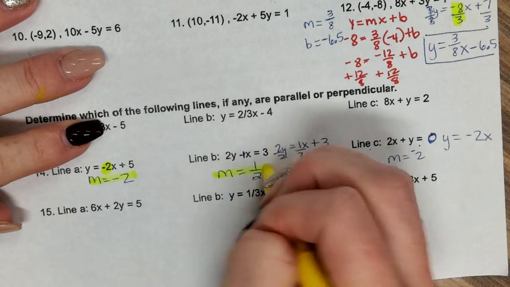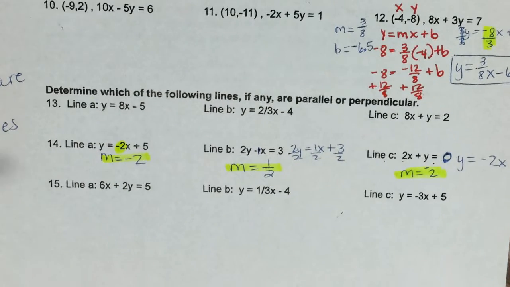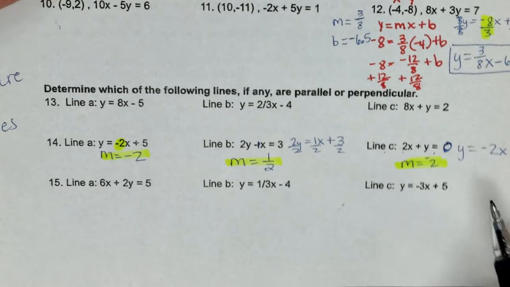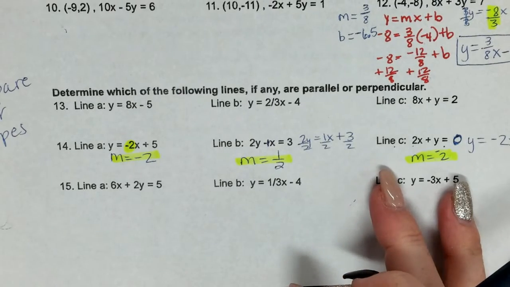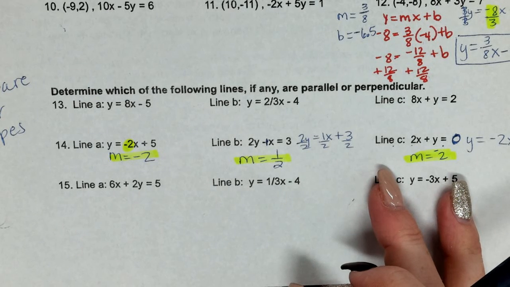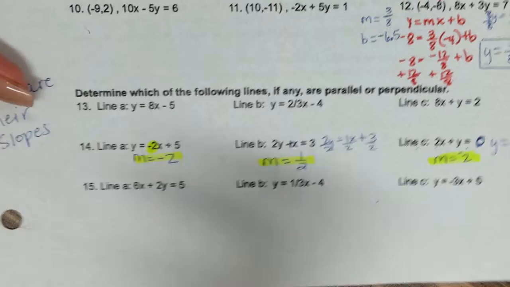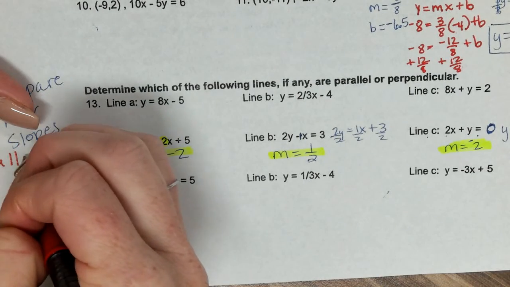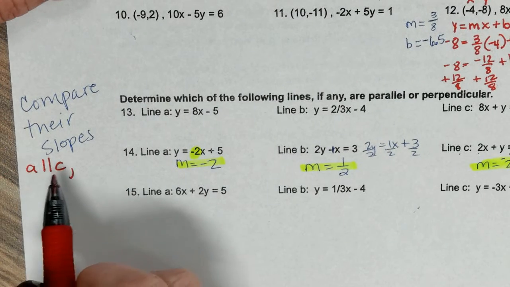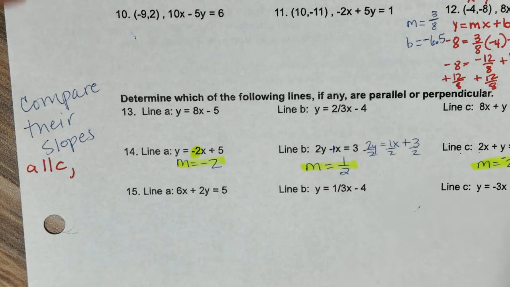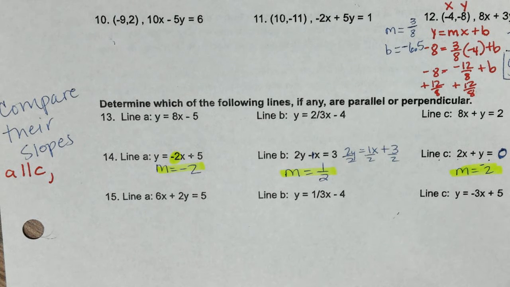All right, so now that I have all the slopes, those are not my answers. Those will help me see if anything is parallel or perpendicular. Are any of these the exact same? Yes. So that means those are parallel, right? So A is parallel to C. That's my first answer. Notice I just put it over here so that I can box it in. Are any of them opposite reciprocals?